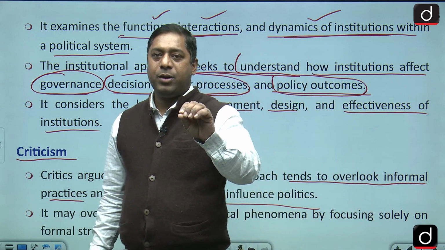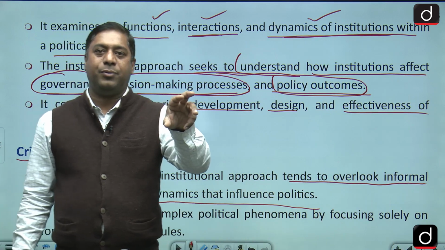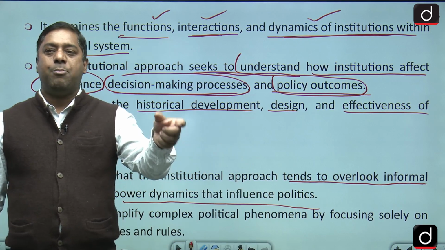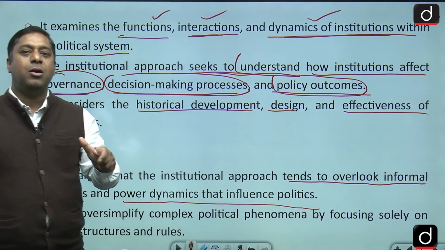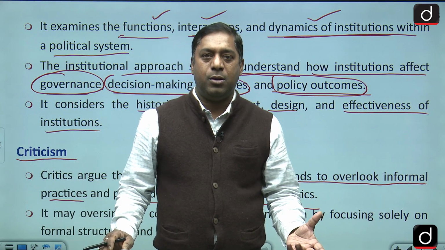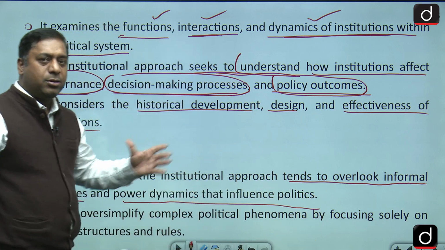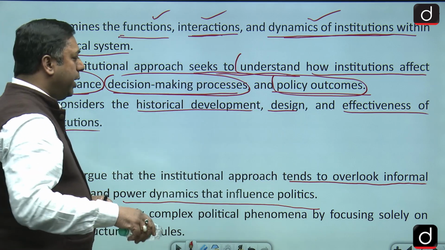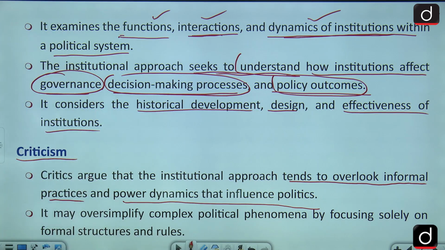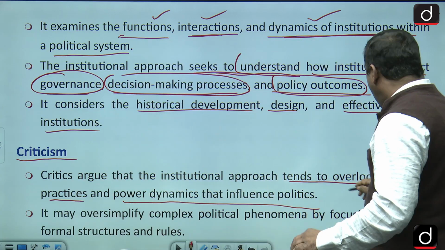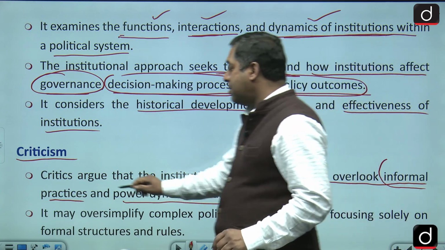We have seen in the characteristic of the institutional approach that it focuses only on political institutions, that too the formal political system with its formal political institutions. So the critics say that the first thing is that this approach is overlooking informal practices.